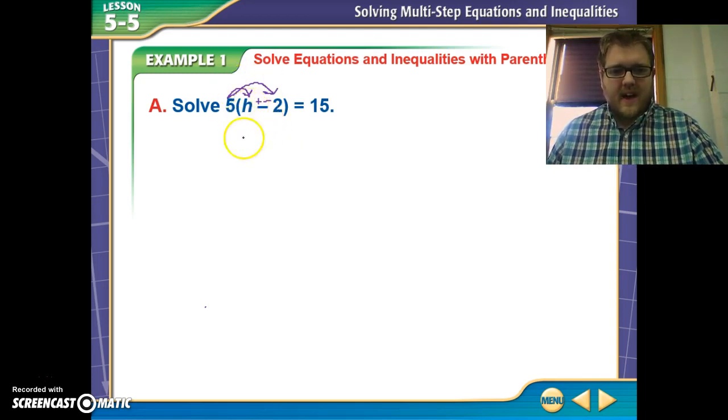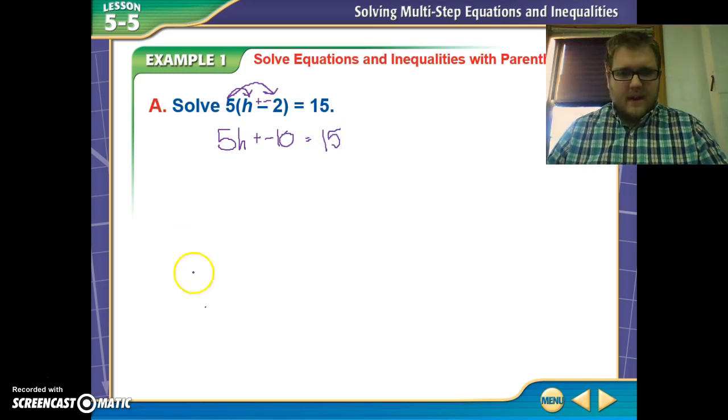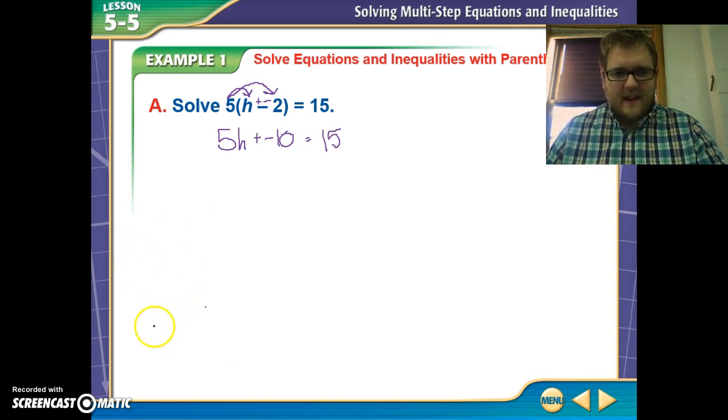So when I distribute the 5 to the h, I get 5h. When I distribute the 5 to the negative 2, I get minus 10 or plus negative 10. And then that's going to be equal to 15. Now, can I simplify this? Well, not exactly.